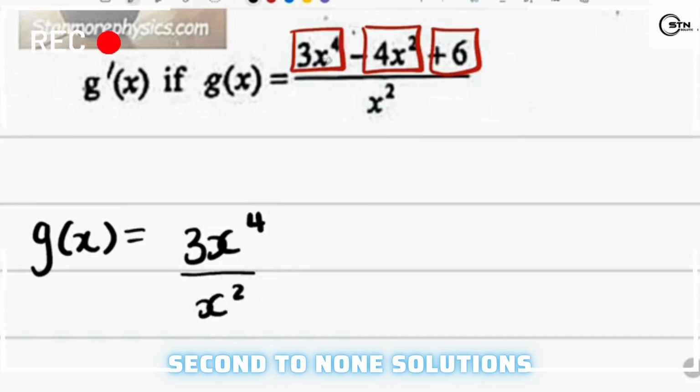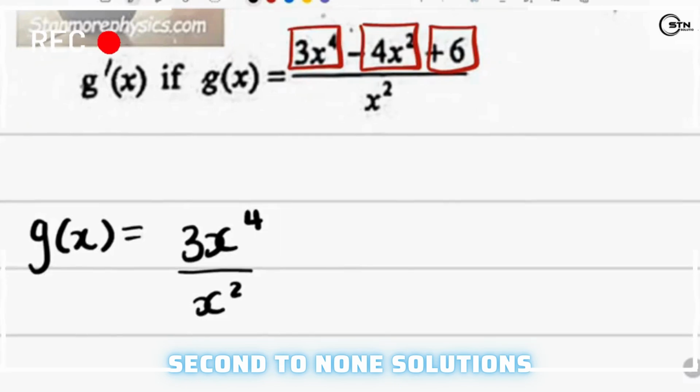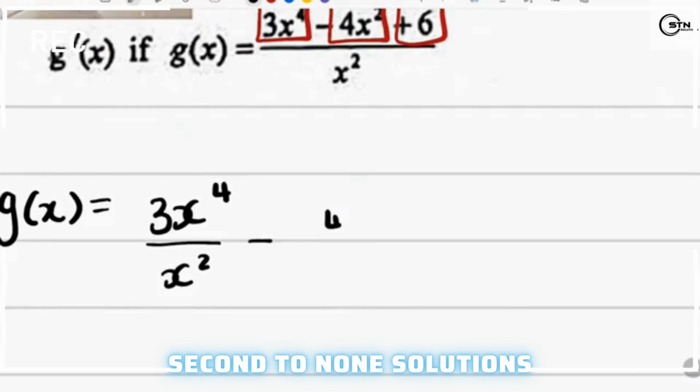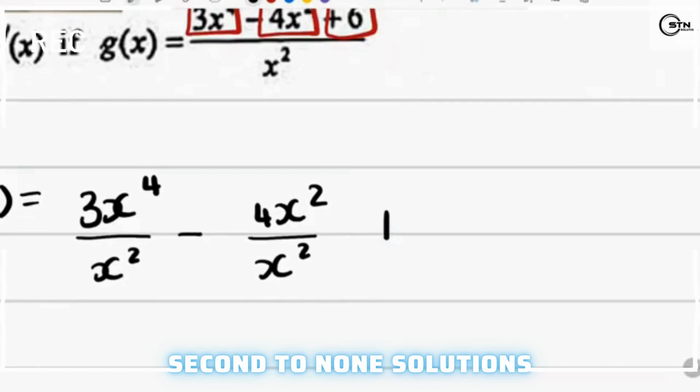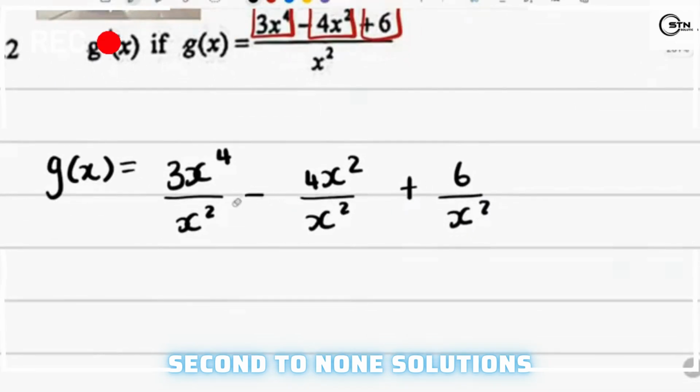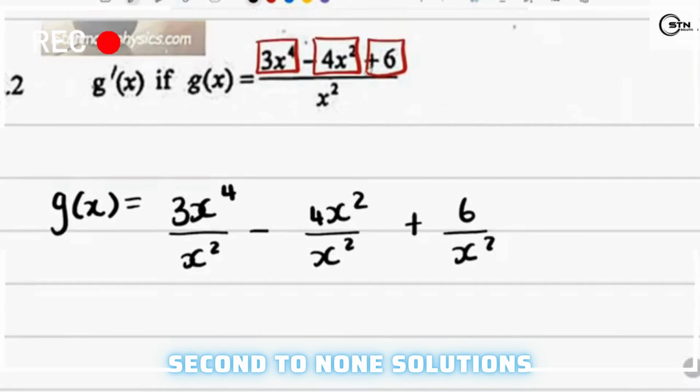Each of them would have had this common denominator of x squared. That's why when you added them together, they looked like that. And then you'd have had minus 4x squared over x squared, and then plus 6 over x squared. That's why when they added them together and subtracted, of course, when you did that, it became that.